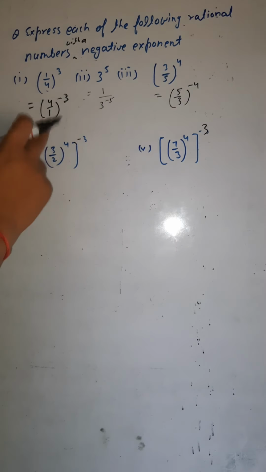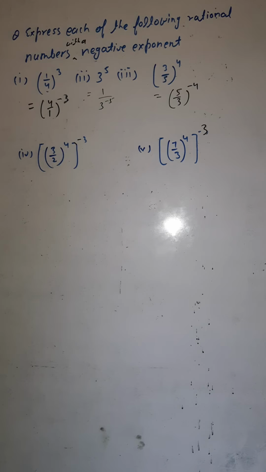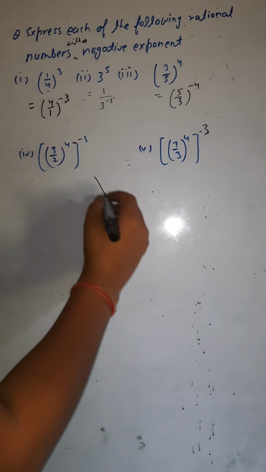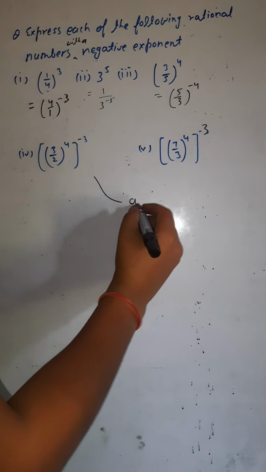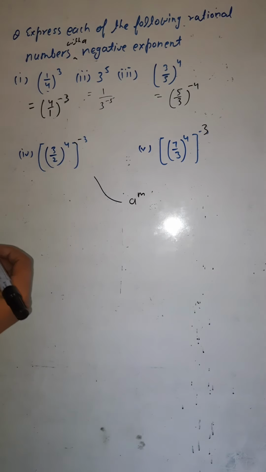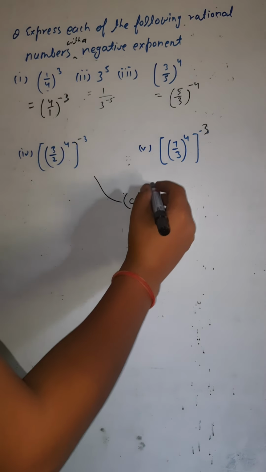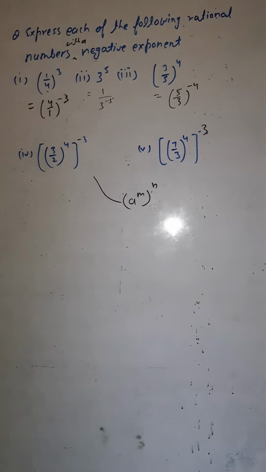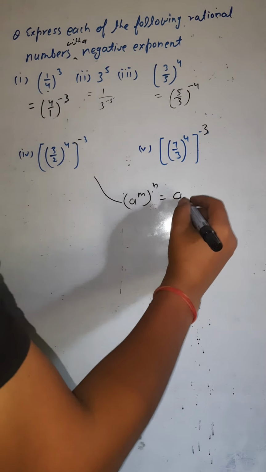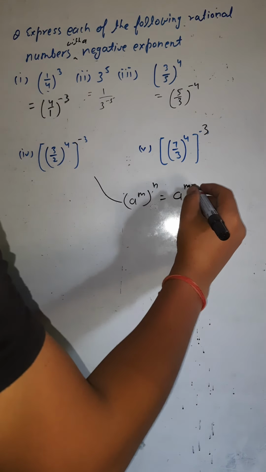Just tell me, how would you solve this one question? Now, we have a simple method for that. Let me tell you a formula. If it is a raised to the power m, then whole raised to the power n, then it can be written as a raised to the power m multiplied by n.